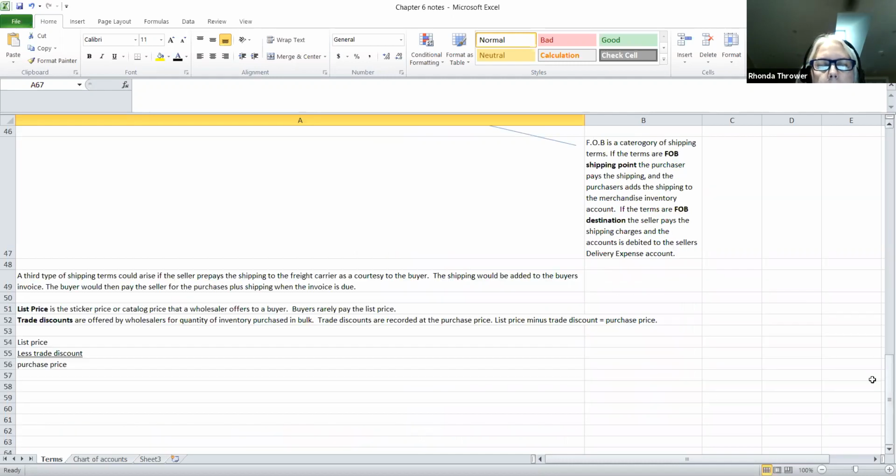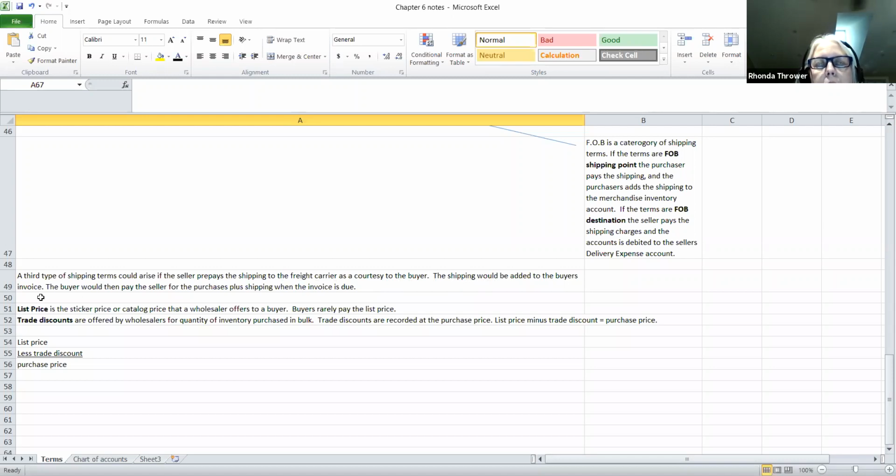The third type of shipping is something that could arise, it not always does, but it could arise if the seller prepays the shipping as a courtesy to the buyer. They prepay the shipping. In other words, they're going to pay the freight carrier as a courtesy to the buyer. Usually, if the seller pays for the shipping as a courtesy to the buyer, those shipping charges would be added back to the buyer's invoice.